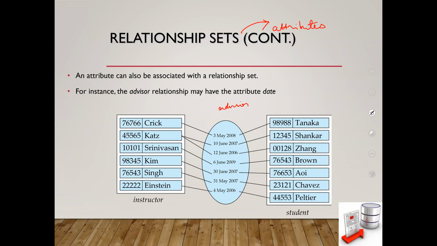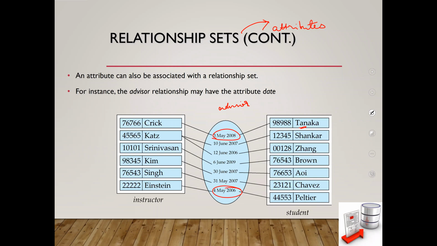Let's say Crick is advisor to Tanaka. And this student called Tanaka was assigned to Crick on a particular date. The same way, Peltier was assigned to Einstein on a particular date.